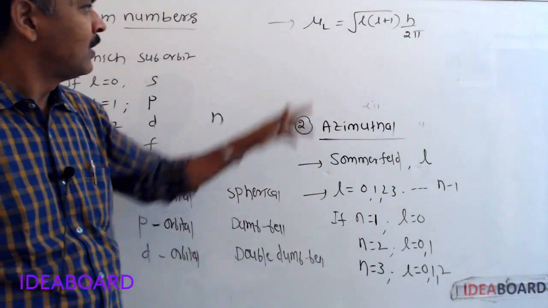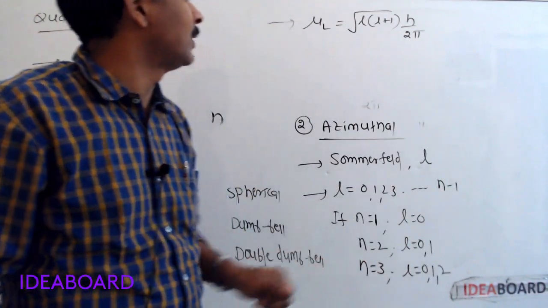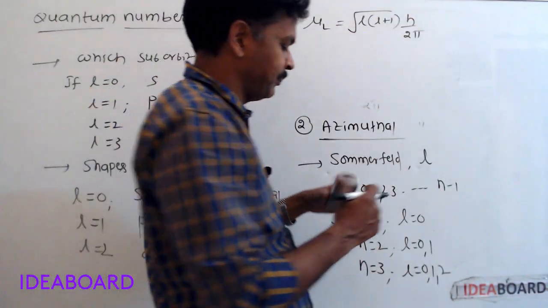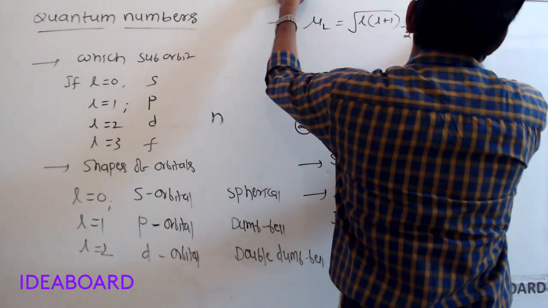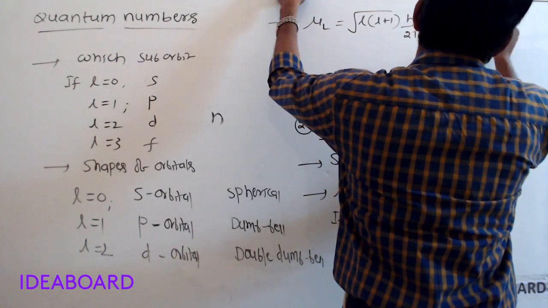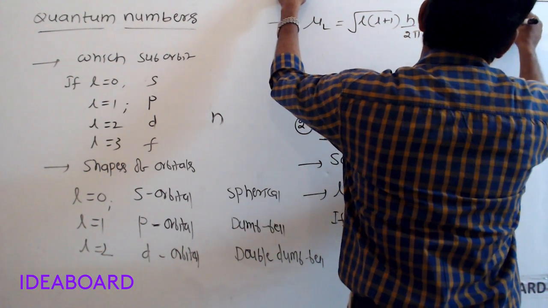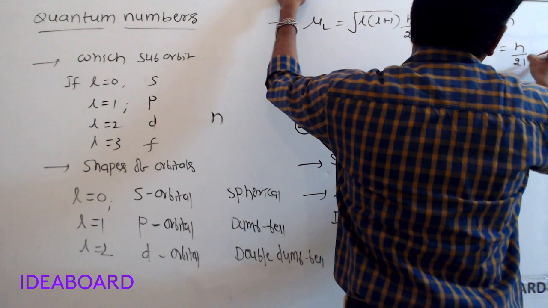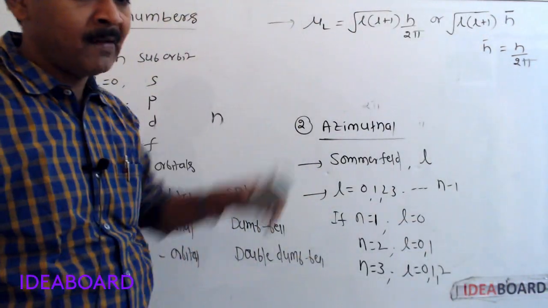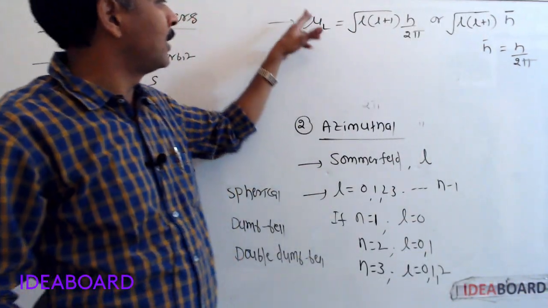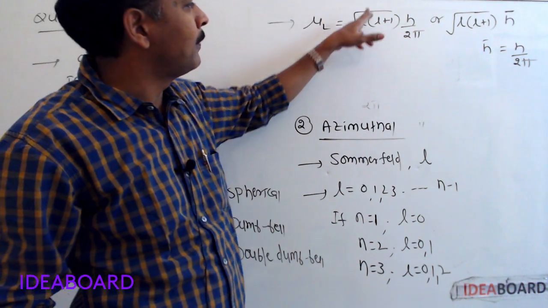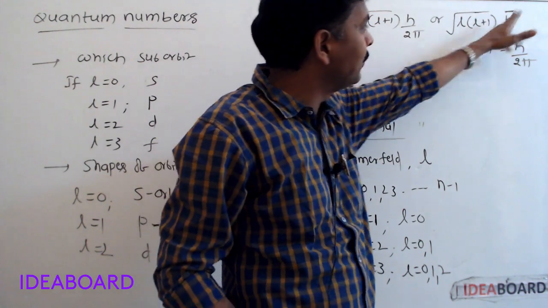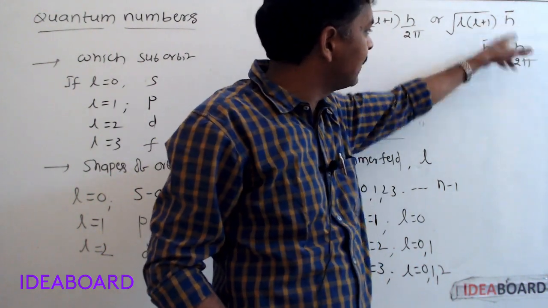This is the orbital angular momentum: μl equals root of l(l+1) × h by 2π, or root of l(l+1) × h bar. Here this h bar is nothing but h by 2π.